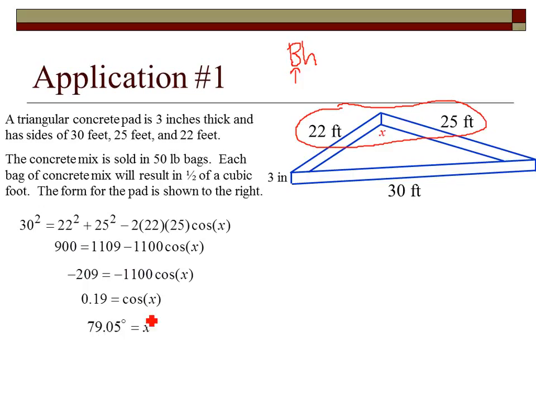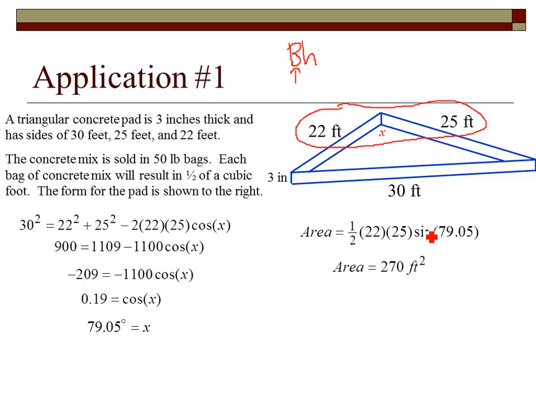Do inverse cosine, and we find that angle is right around 79 degrees. It would probably be fine just using 79 degrees in a real-life application. Now to find the area, we do 1/2 times 22 times 25 times the sine of the angle between them, and the area of this triangle comes out almost perfectly to 270 square feet.